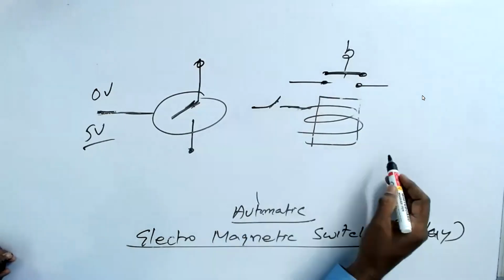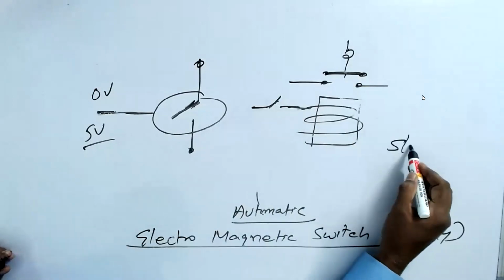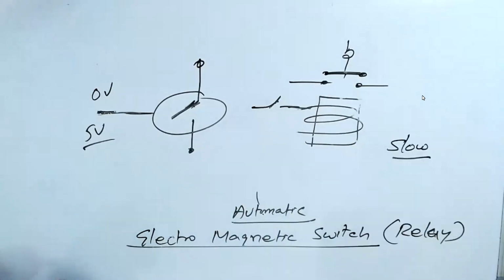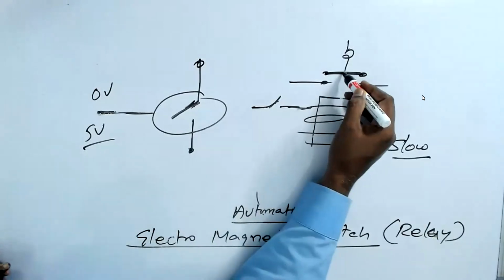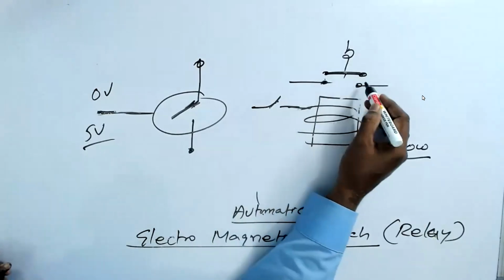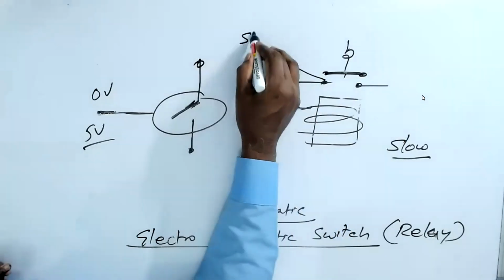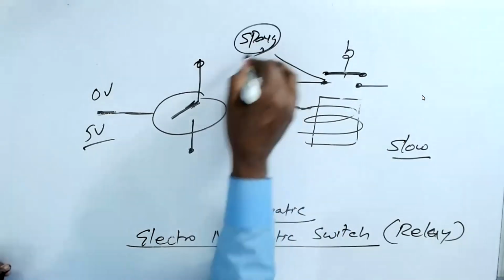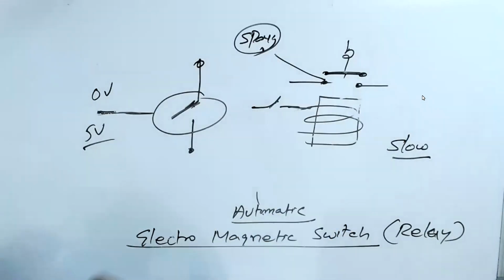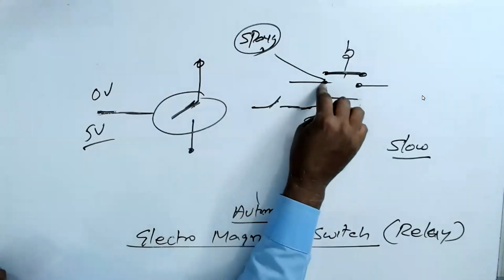It takes time. So it is slow first. Second, many times when it comes closer, there will be a spark here. When there is more spark, so many times, then that contact gets damaged.